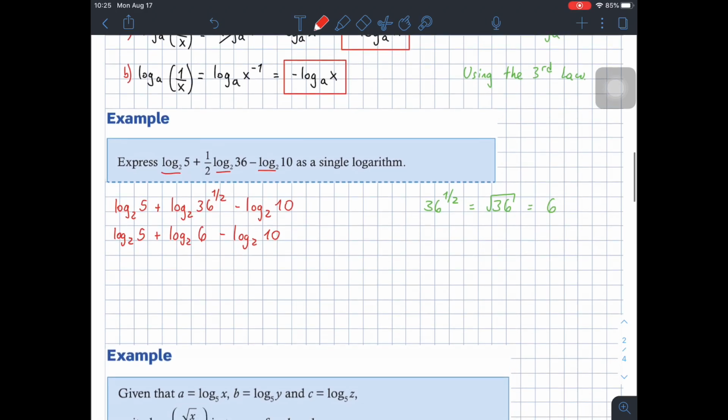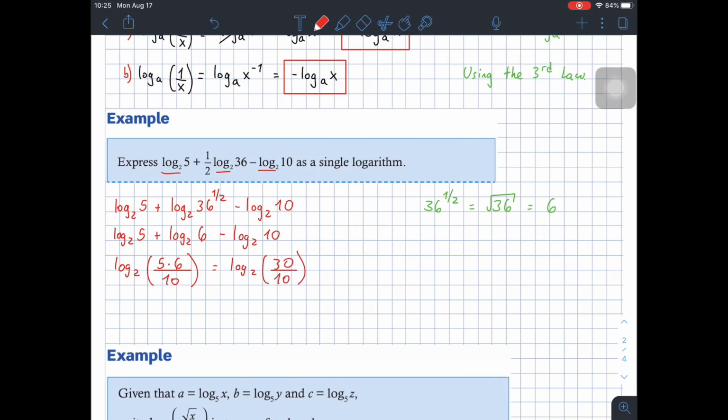I can do that all in one single step. So this is the same as saying log base 2 of 5 times 6 divided by 10, right? We multiply these two arguments and we divide this argument. So this is the same as saying log base 2 of 30 divided by 10.